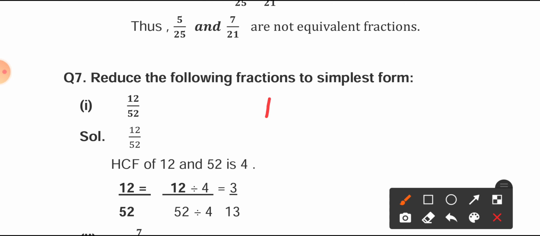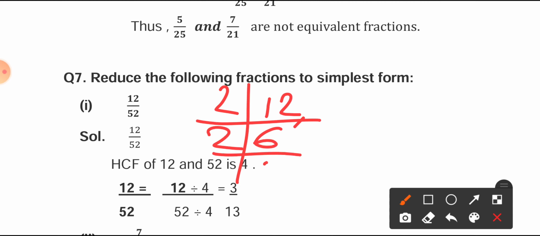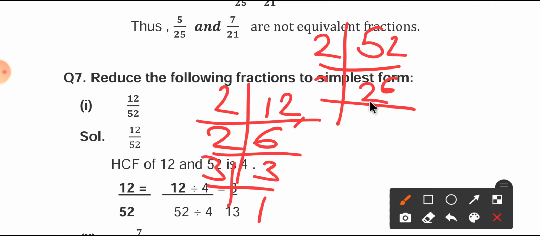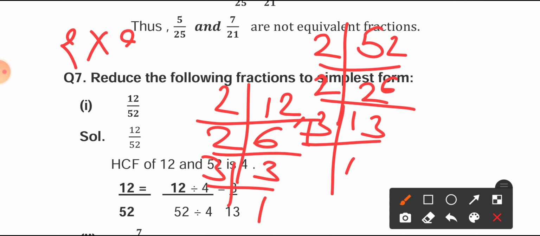12: 2 6s are 12, 2 3s are 6, 3 1s are 3. And for 52: 2 2s are 4, 2 6s are 12, then 2 13s are 26 and 13 1s are 13. After that you have to write the prime factors.